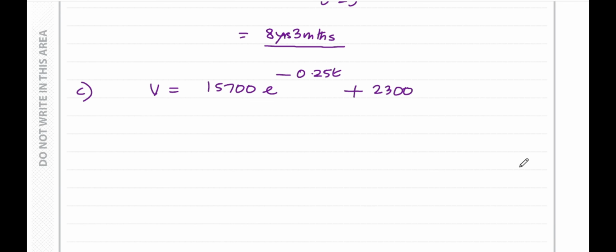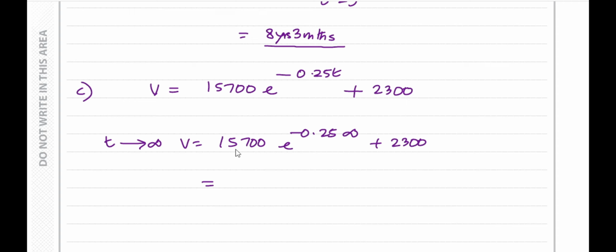So you can see that when t increases, this will become, let's write t tends to infinity, then 15,700 e to the power of minus 0.25 infinity plus 2,300 is equal to 15,700 over e to the power of 0.25 times infinity plus 2,300.